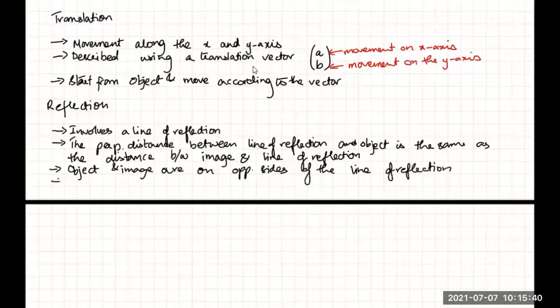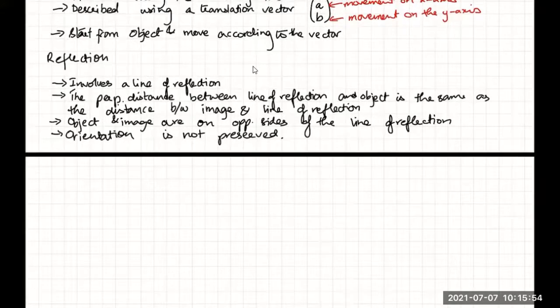Okay, does anyone know what orientation is, which is not preserved? Does anybody know what orientation is? Sometimes it's important. It's not always important, but I want to show you how it's important.